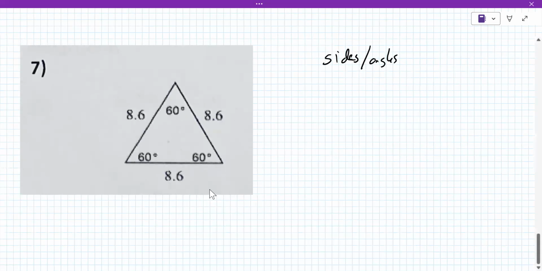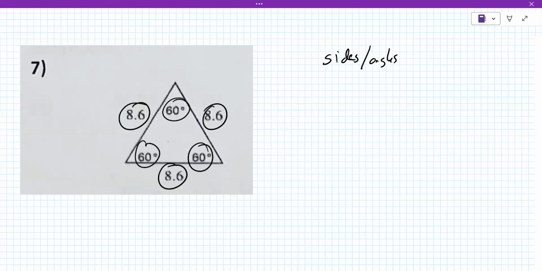And it was like all sides congruent, no sides congruent, and then some sides congruent. What do you notice about all 3 sides? They're congruent. And how about all 3 angles? Congruent. So then the problem here is you have to know what that word is, and this is an equilateral triangle. Oh, yes, that's what they're looking for.